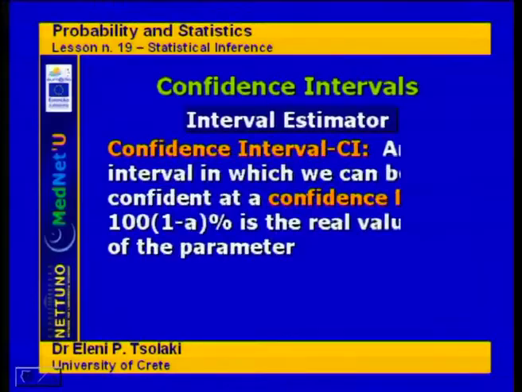So, as we said before, a confidence interval is an interval in which we can be confident, at a confidence level 100 times (1 minus a)%, that the real value of the parameter lies.